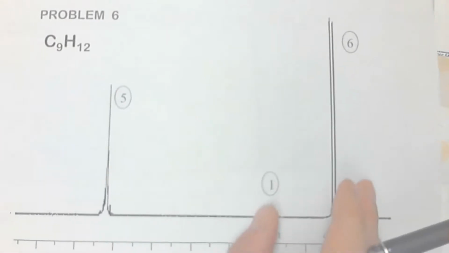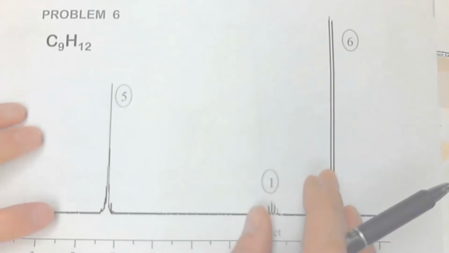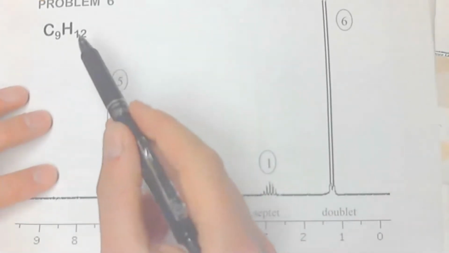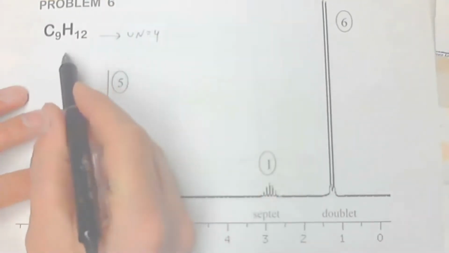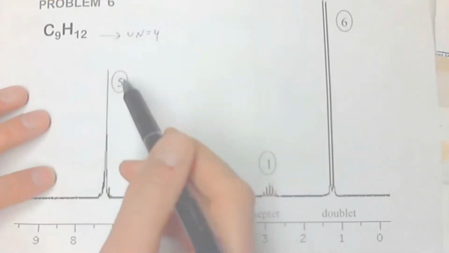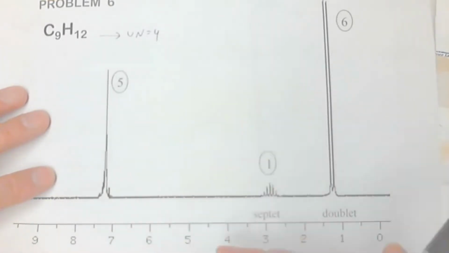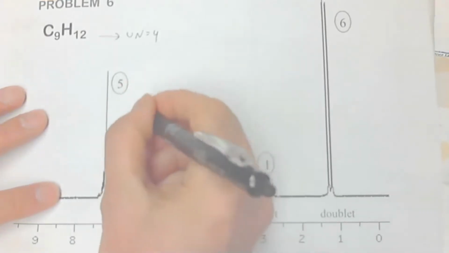This problem is so easy that I'm gonna expedite this one a little bit. C9H12, UN equals, I think, 4. 18 plus 2 is 20, minus 12 is 8, divided by 2 is 4, yeah. This is too easy. Of course, the 5 is a benzene.